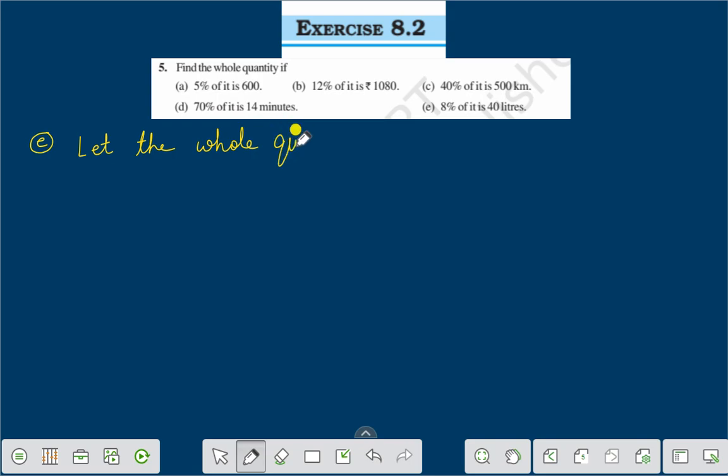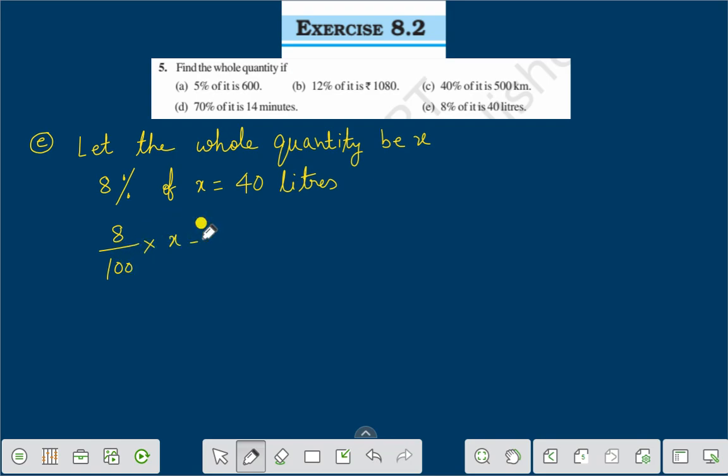Therefore, according to the question, 8% of x is equal to 40 liters. Therefore, 8% means 8 by 100, of means multiply, x is equal to 40, or 8x is equal to 40 into 100.